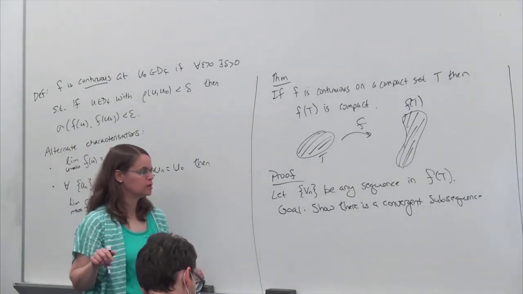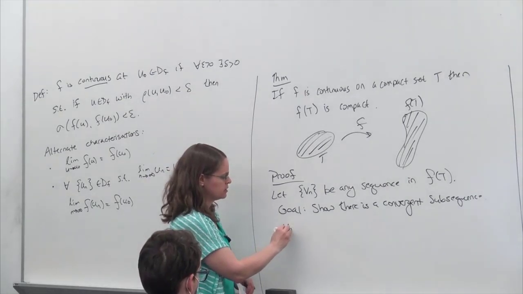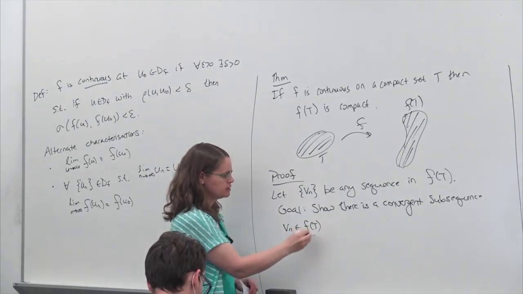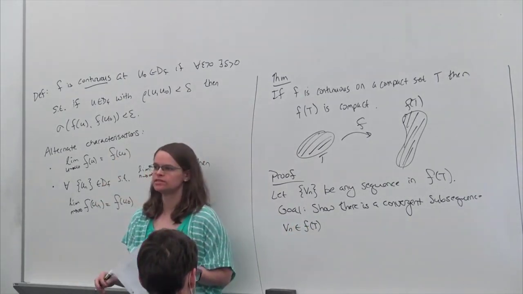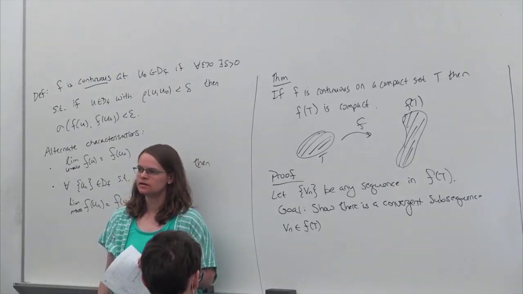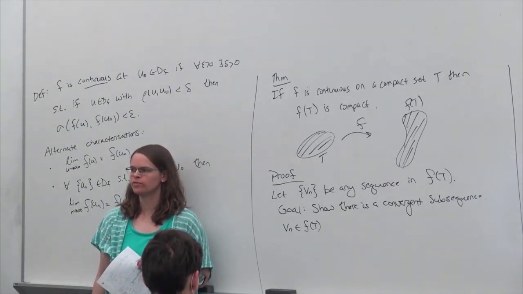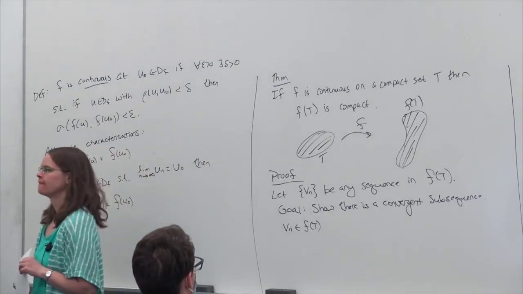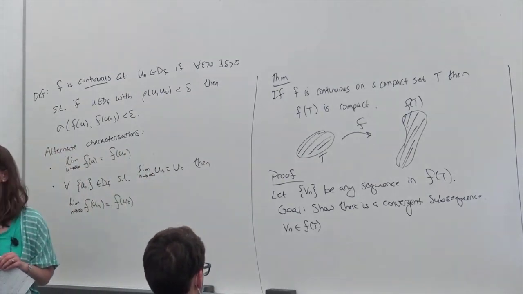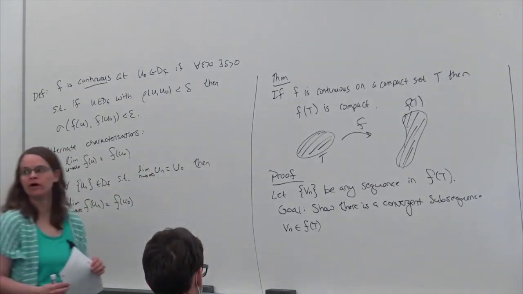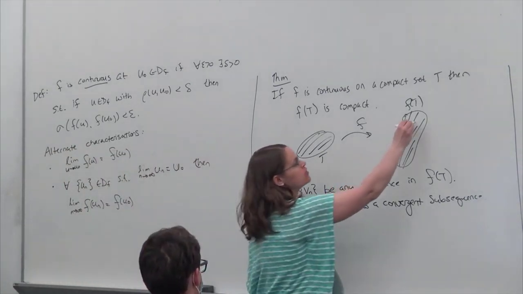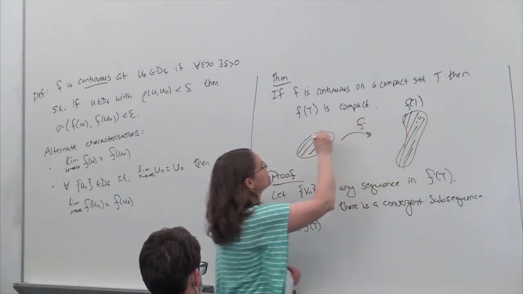Okay, so, well, let's start. V_n is in this set. So what does that tell us? What does it mean for something to be in the image set? Yeah, if it came from somewhere. So if this is V_n right here, it had to come from somewhere.